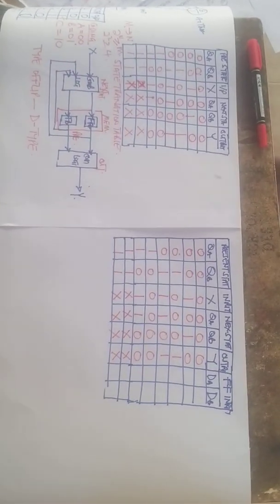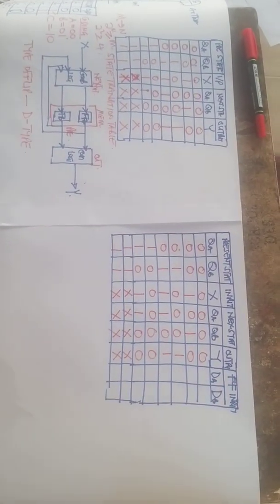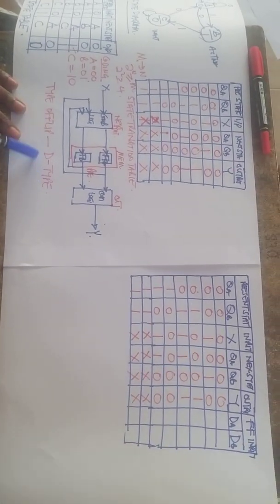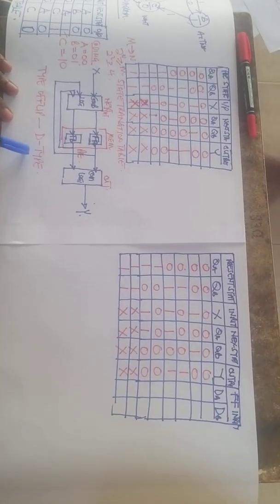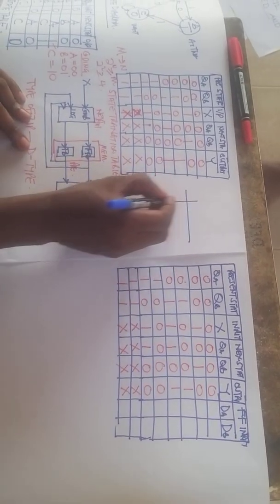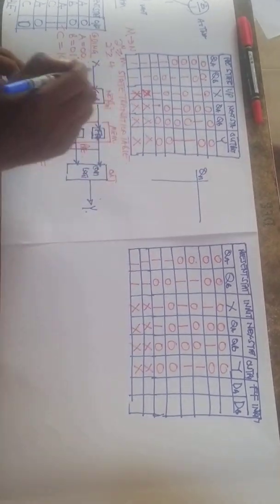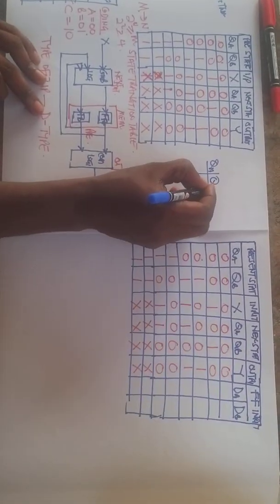What we now need to do is to fill the column. Remember we've decided on a D-type flip-flop, so let me come out with the transition table for the D flip-flop.